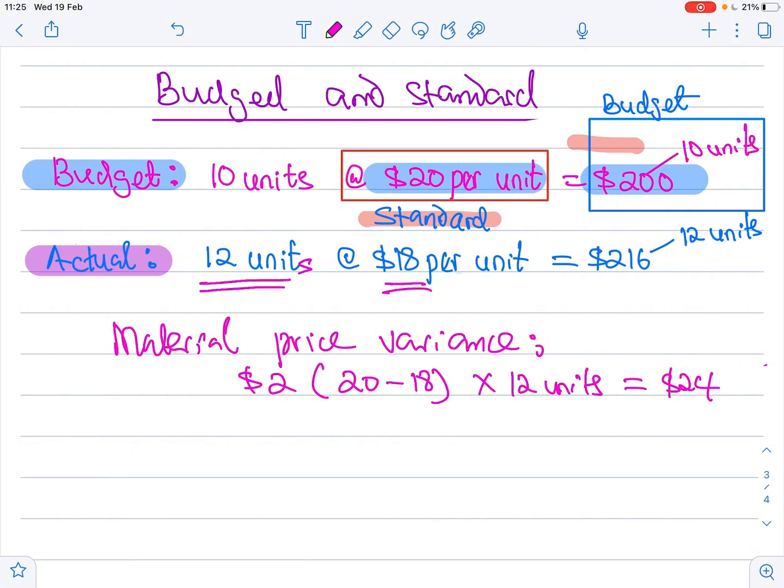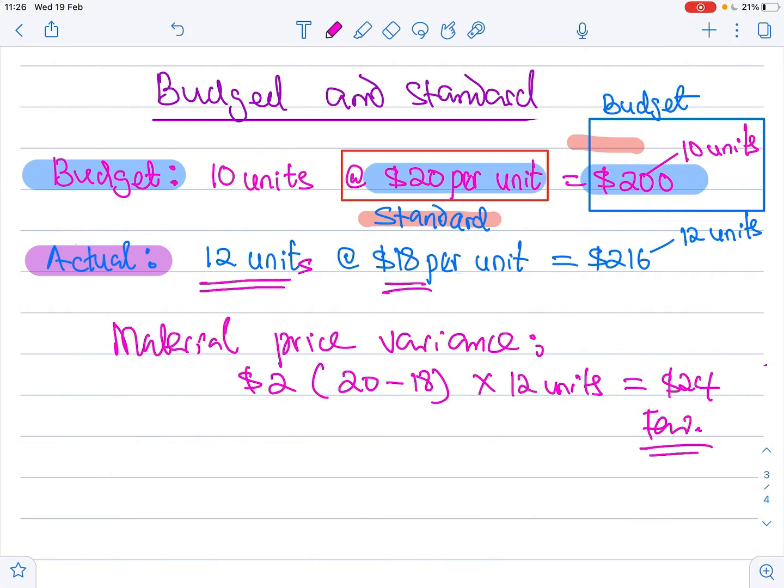In this Mickey Mouse example, I'm sure you are saying it is favorable. Why? Because the actual price of $18 per unit is cheaper than the standard price of $20. So on each unit, we have savings of $2, and on the 12 it is going to be 2 multiplied by 12. So we have this $24 to be favorable.